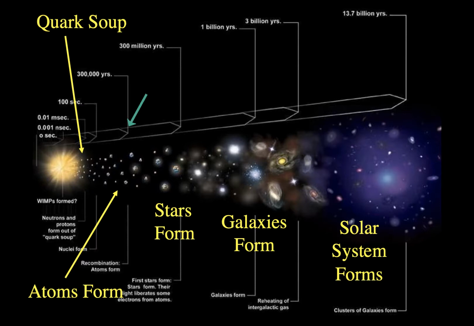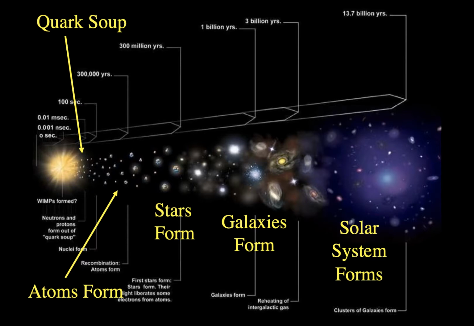About 300,000 years in, the atoms formed, and then back here, just after the Big Bang, is something called the quark soup, where the quarks originated and eventually produced atoms and eventually molecules, and the stars formed, forming more elements and more molecules going forward to here, where we finally have biological systems that we can watch evolve over time.